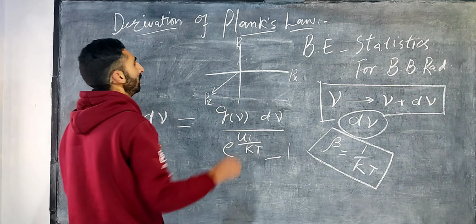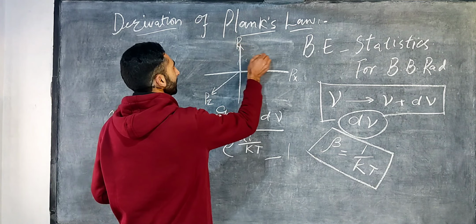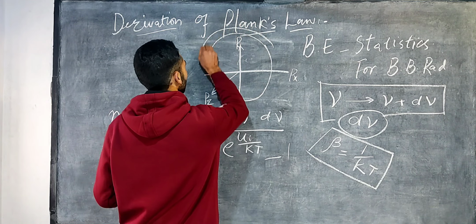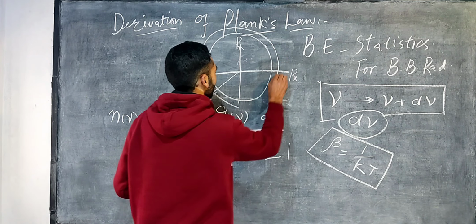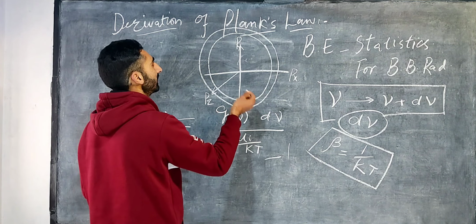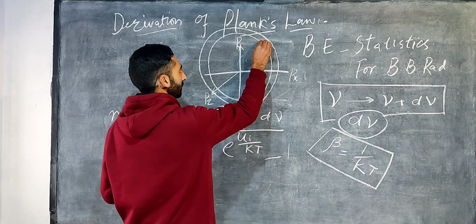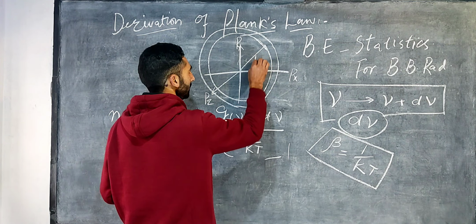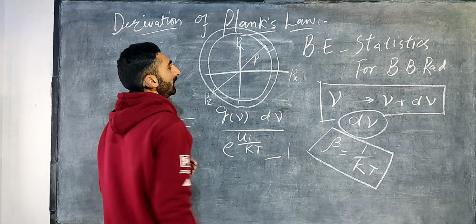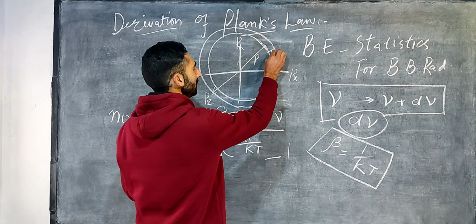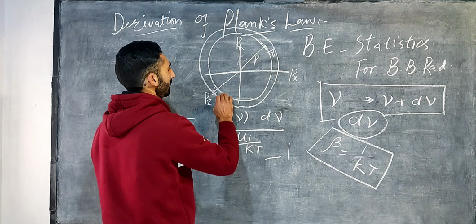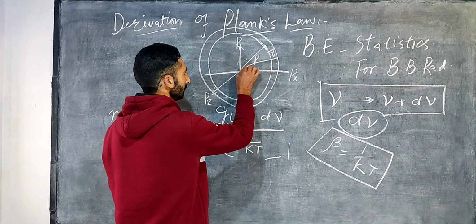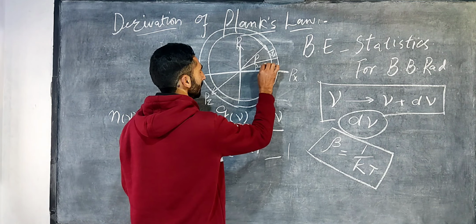In that very coordinate system we took a spherical shell, having the radius of momentum p. If the width of the spherical shell is dp, then the outer shell will be of radius p plus dp.